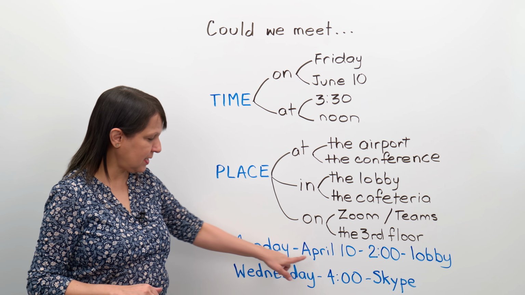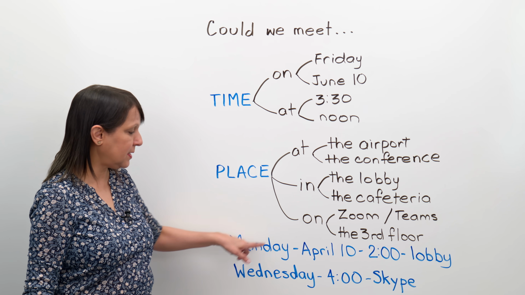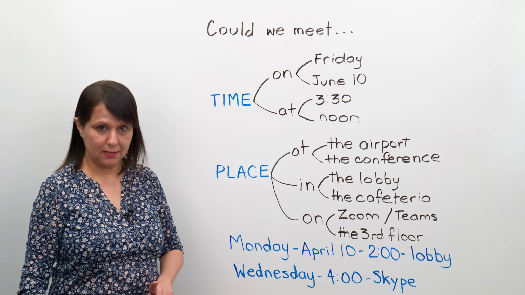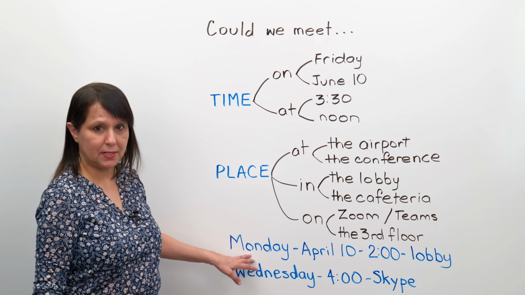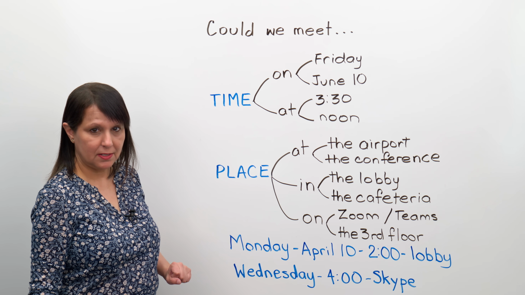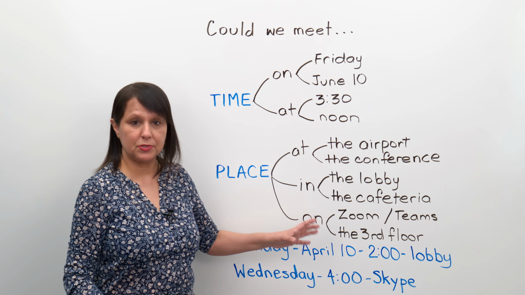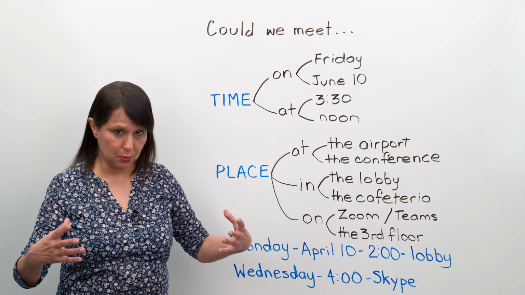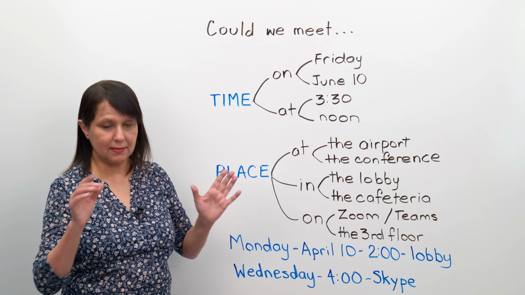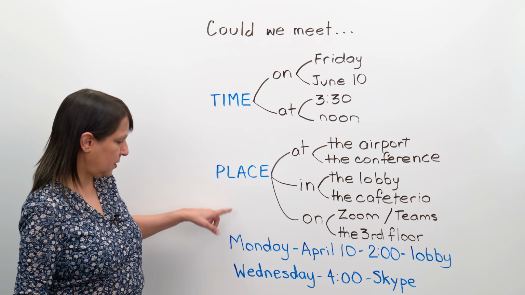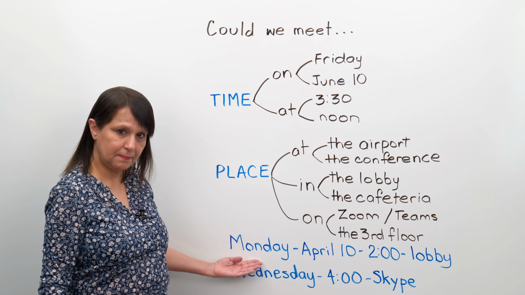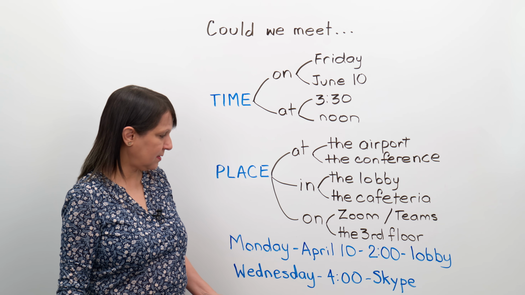Okay, because we have Monday and April 10th. We don't have to say on Monday and on April 10th. If you just said Monday, then you say on Monday. If you just said April 10th, then we'd say, could we meet on April 10th? But if you say both, then you don't need to say the on twice. So, could we meet on Monday, April 10th?